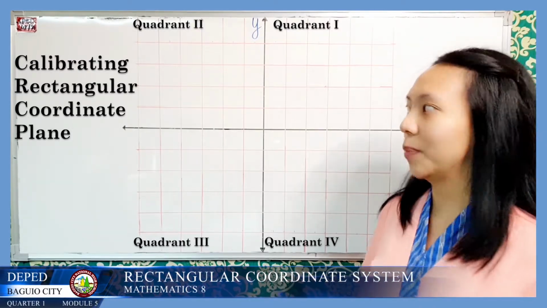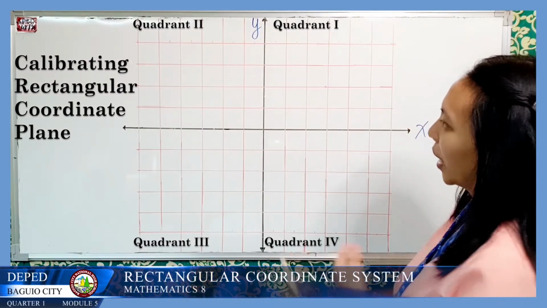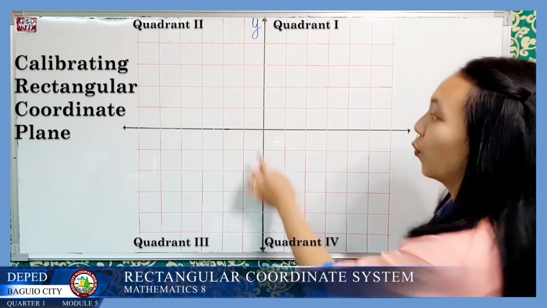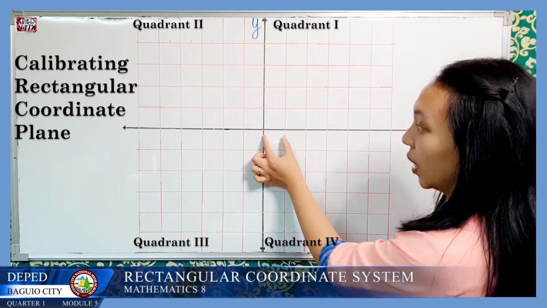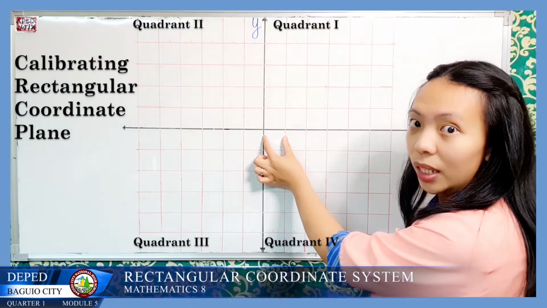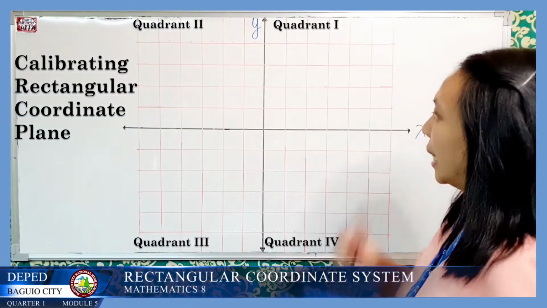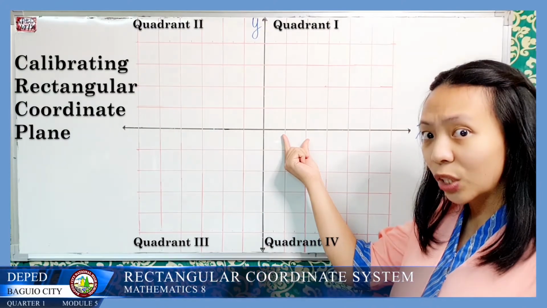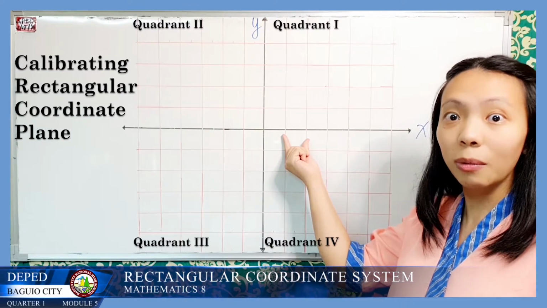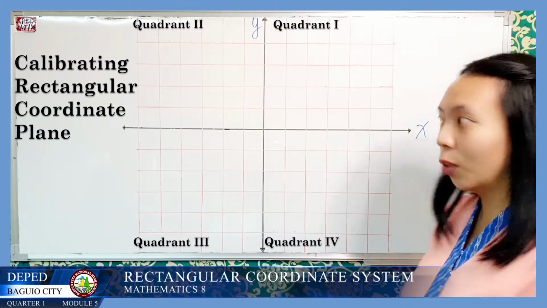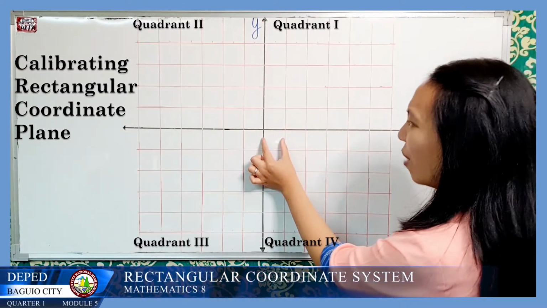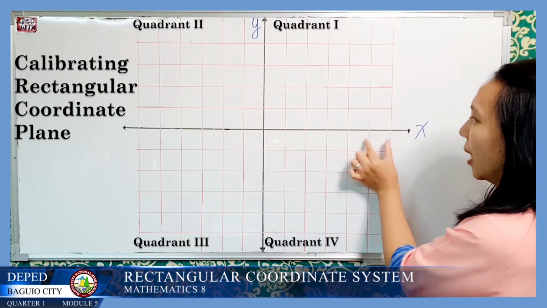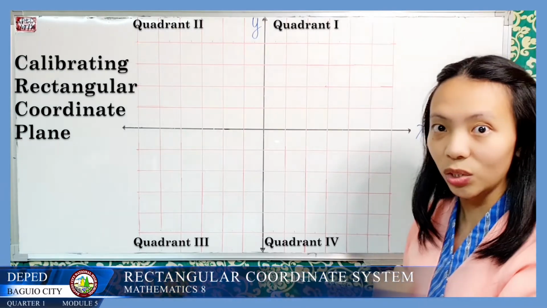For example, when we calibrate the x-axis and the distance from 0 to this point is 1 unit, therefore, the distance from this point to the point immediately after that should also be 1 unit. So, the distances from every point going to the right of the x-axis is 1 unit each.